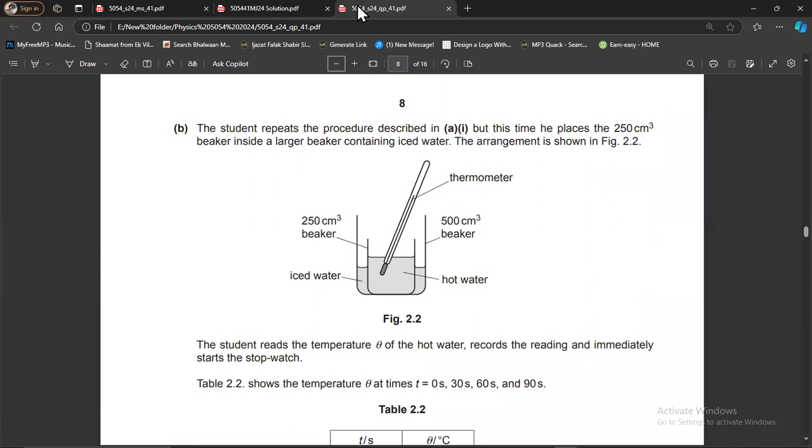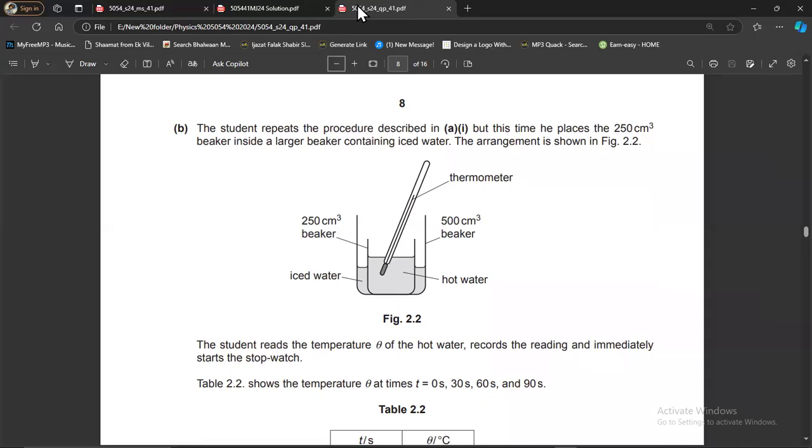But now in this B part, they're saying that we will take a 250 centimeter cube beaker and place it in a larger beaker. And in that larger beaker, they are going to put iced water. Now, the temperature of the ice water is less than the temperature of the surrounding.